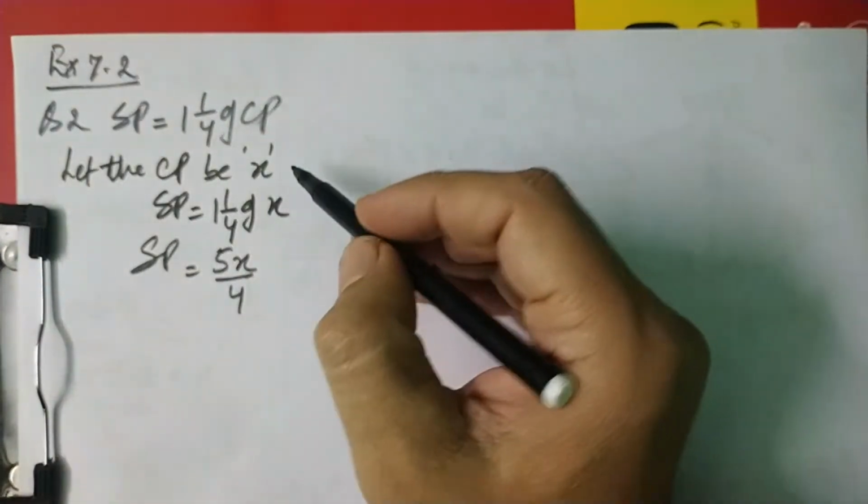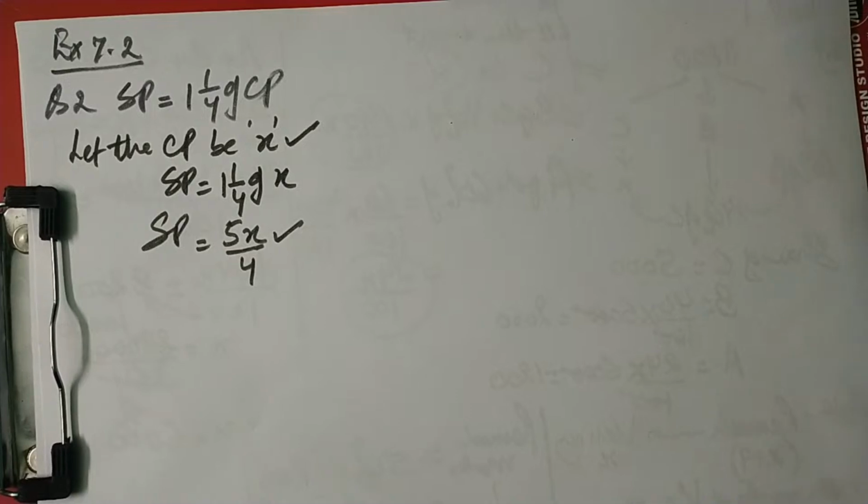Okay, so we have got CP and SP, which are in X form. And in the question it is written, find the gain percent.